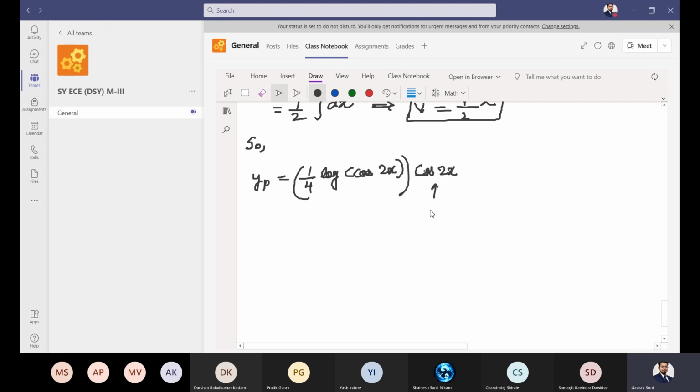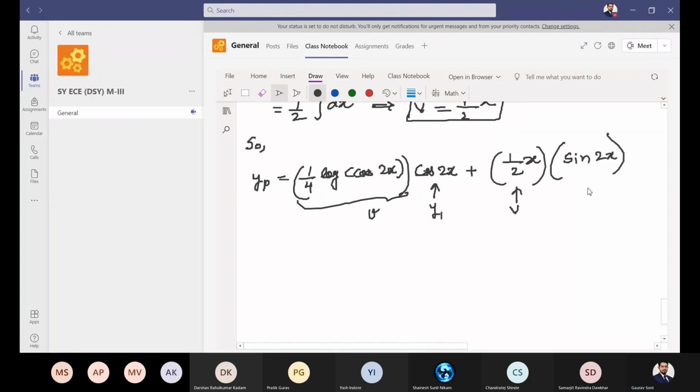This is y1. This is your u, plus 1 by 2 into x. This is our v, that is our y2, sine 2x. So combined after putting the values, this is a particular solution.